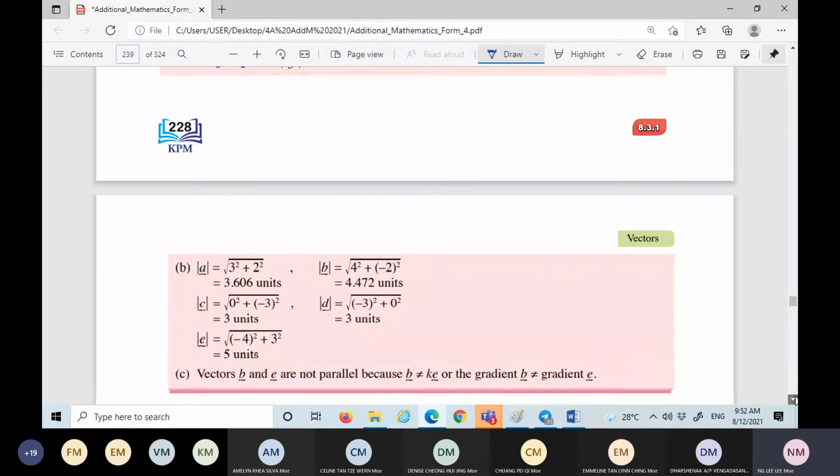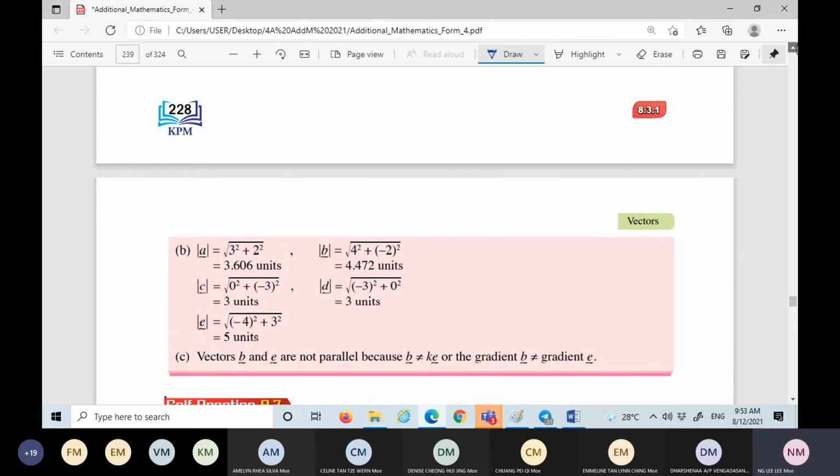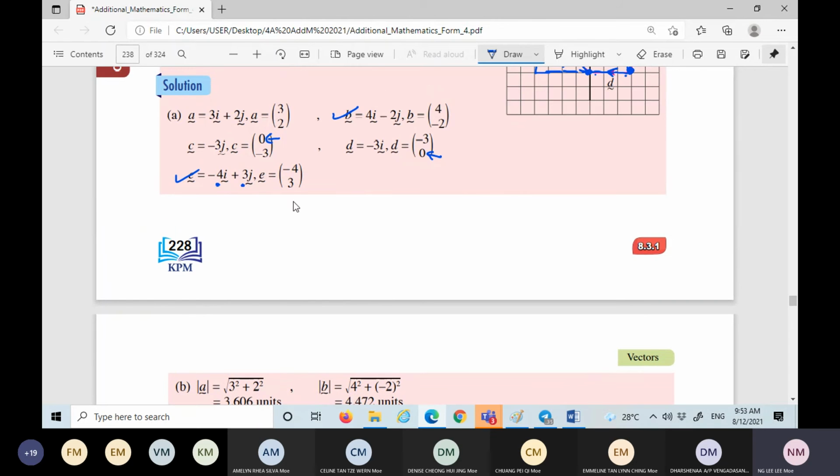Okay, the gradient. So you say vector B and E are not parallel because you cannot write B as a multiplication of a scalar of the vector E. Or you can say the gradient of B is not equal to the gradient of E. So remember how to get the gradient if the i and j are given.